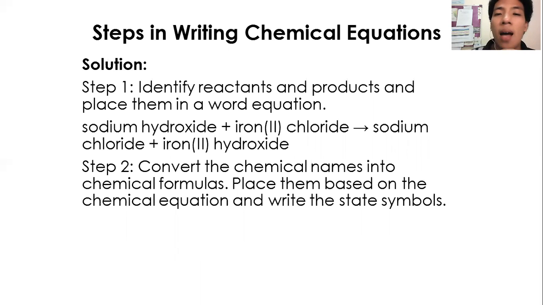One, identify the reactants. We have identified the reactants already: sodium hydroxide plus iron(II) chloride. Then we have to identify the products, which are sodium chloride and iron(II) hydroxide. For step number 2, we convert the chemical names into chemical formulas, place them in the chemical equation, and write the state symbols.